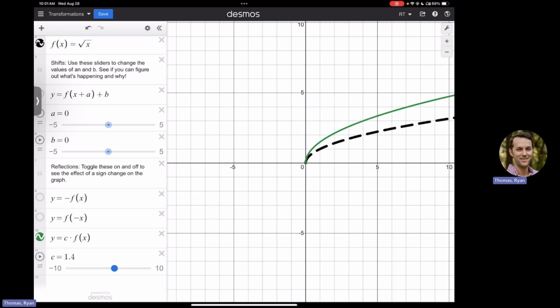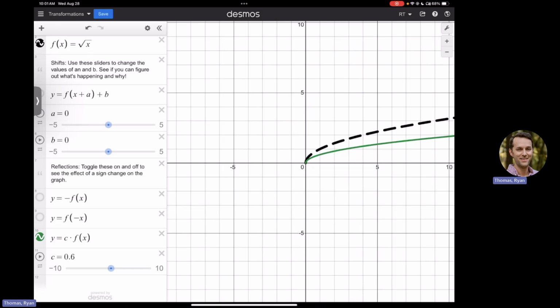If c is smaller than 1, then you can see there what happens. Now, I'm being careful not to let c go into the negatives, because then it would reflect also. So I'm trying to avoid that. But if c is smaller than 1, like a half, pretend it's a half.